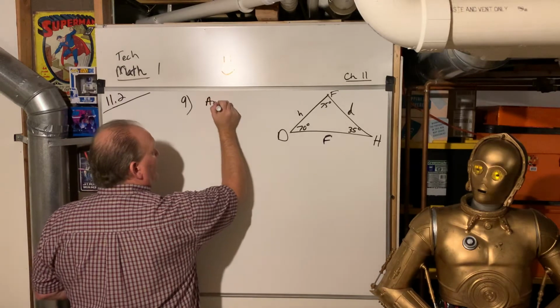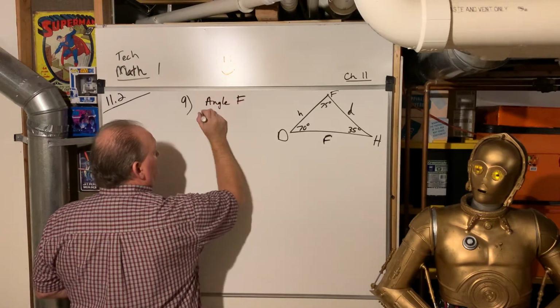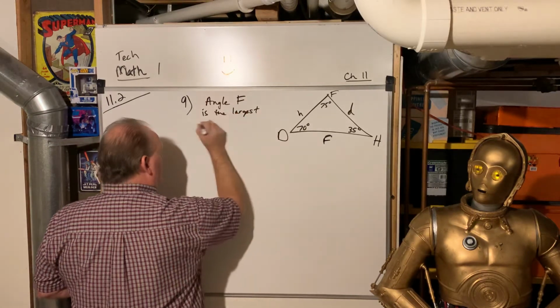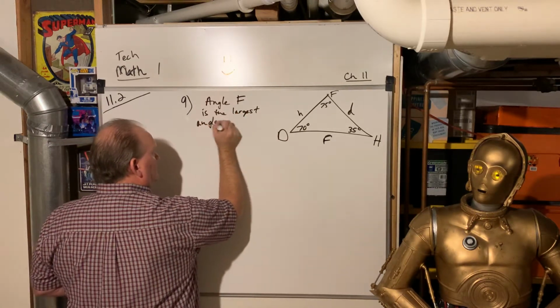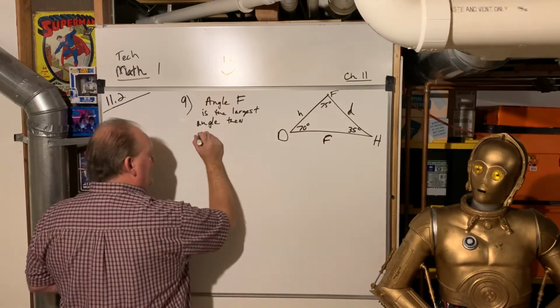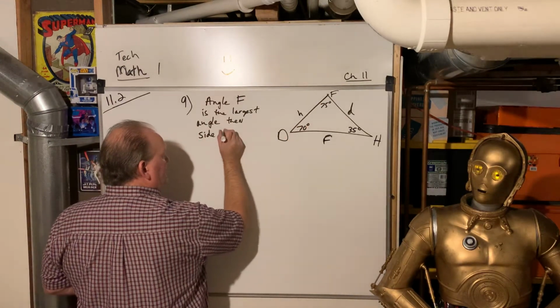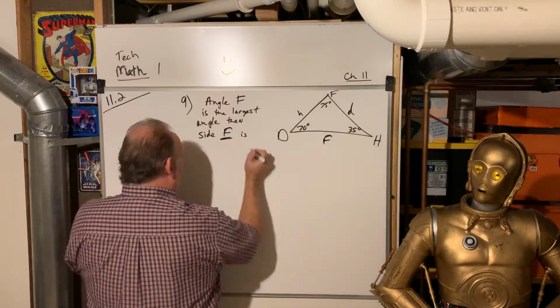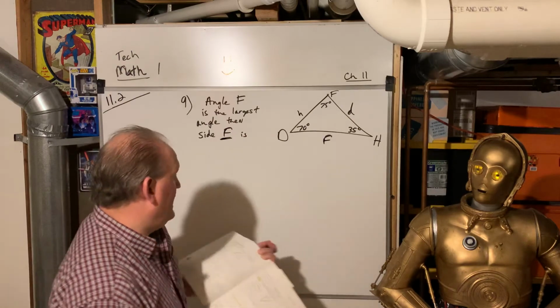So if angle F is the largest angle, then the side across from the largest angle, side F, is the longest side.